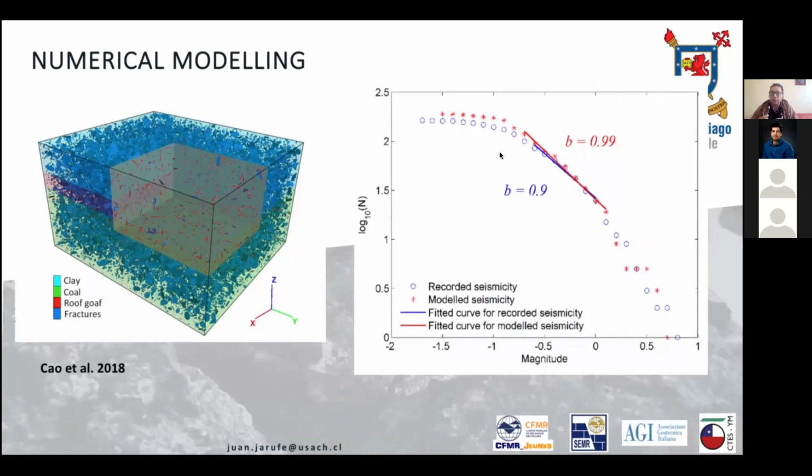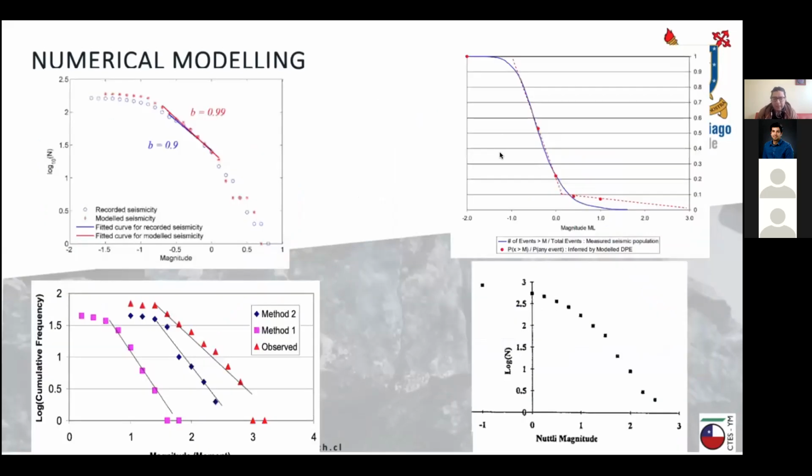He calculated the displacement on those fractures, and based on that, he calculated a magnitude, similar to what was done by Board. He can also get a synthetic distribution of seismic events, and he compared that with the real data and got very similar values. So all of these methods create a simulation of the events that are actually happening there.